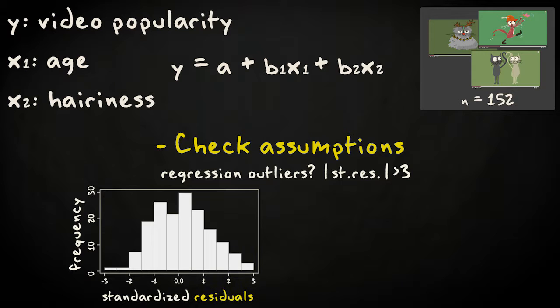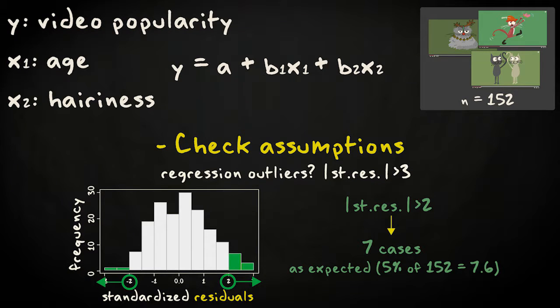To obtain the residuals, we have to perform the regression analysis, but only to calculate the residuals. We don't look at the results of the analysis yet. In our example, there are no extreme cases to consider. If we check for absolute values more extreme than 2, we see 7 cases, which is to be expected with 152 observations.